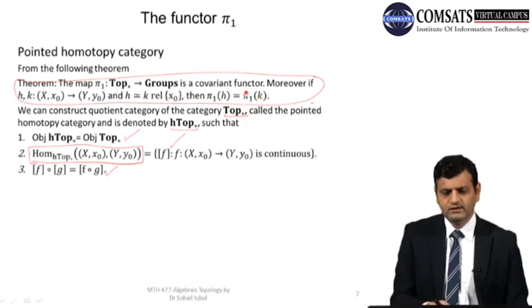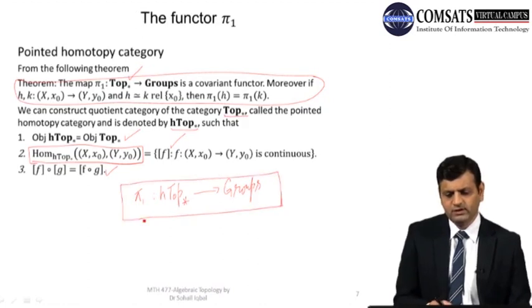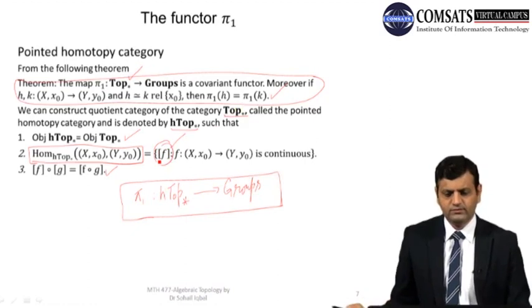So instead of taking pi 1 from the category of pointed topological spaces to groups, we just take pi 1 from H top star, the pointed homotopy category, to the category of groups, because effectively it's a functor from H top star to groups. Since if two maps are homotopic, then their images are the same, I don't need to consider these extra maps which are homotopic. So just take the morphisms to be these classes of homotopic maps.